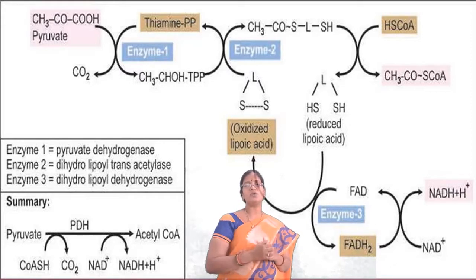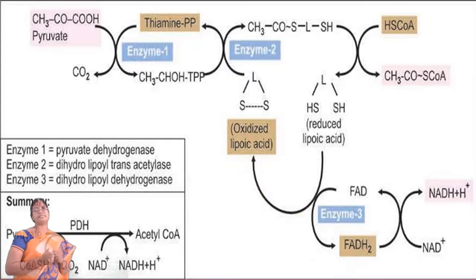In case of glucose, 2 pyruvates will be formed. As a result, 6 ATP will be produced. So this is the energetics for conversion of pyruvate to acetyl CoA.